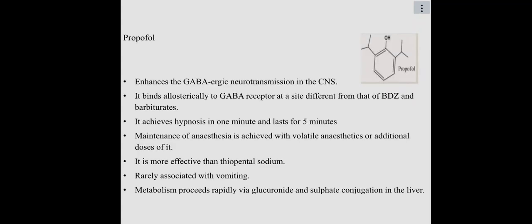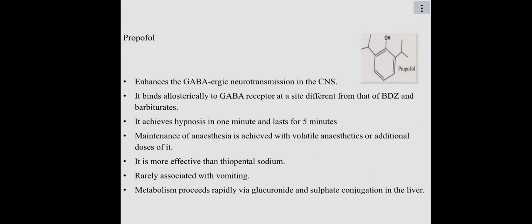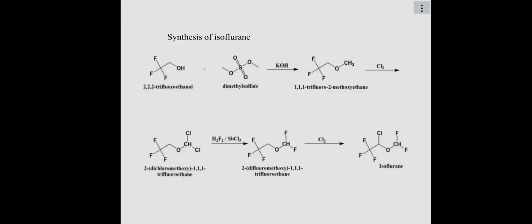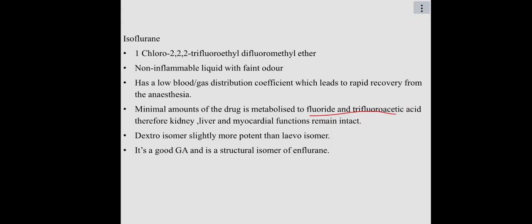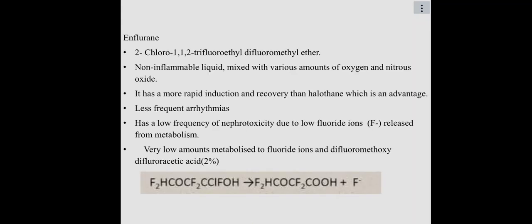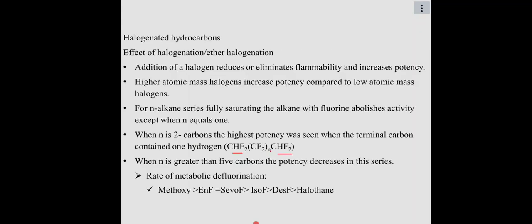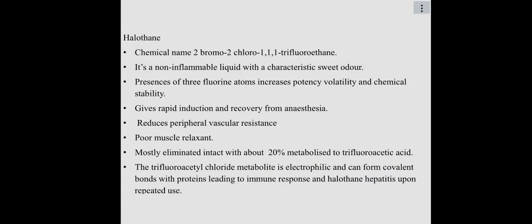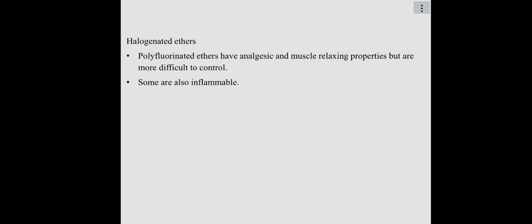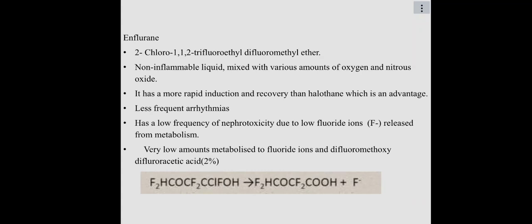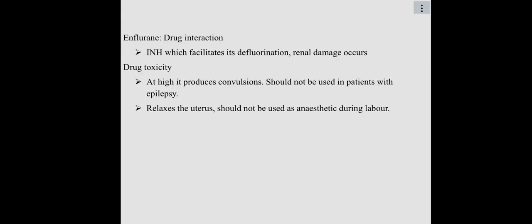There is one slide I have removed, which I'll bring back for sure, because I have the slide which was showing the metabolism. Sorry about that. I don't know what happened to that slide. So I will bring it back and we'll discuss it next time to show the metabolism of almost all three, the desflurane, enflurane, and isoflurane, so that we appreciate that all of them can give us the acetic acid or acyl chloride or acetic acid derivative.